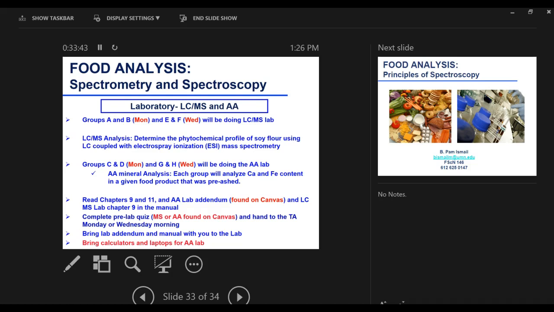There will be a lab addendum for the atomic absorption. However, you're going to use chapter 9 in your manual for the MS lab. So you will need the manual and the addendum, depending on which lab you're doing. I'll send you an email with details.